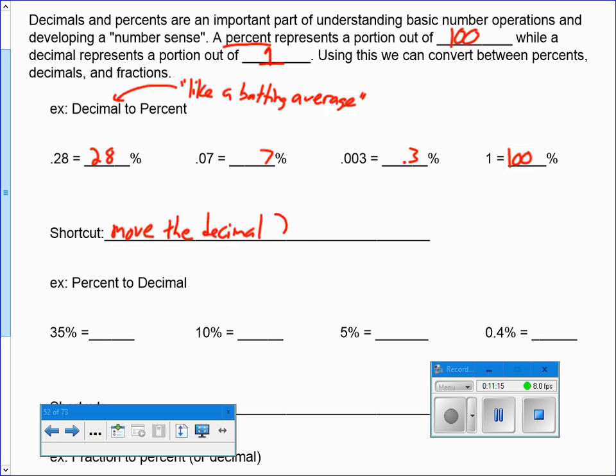We're moving it 2 places. Which direction are we moving it? We're moving it to the right. Alright, so that's how we're going to go from a decimal to percent. So we're really just moving the decimal 2 places to the right. Alright, and mathematically this is the same also as saying we're going to multiply by 100.